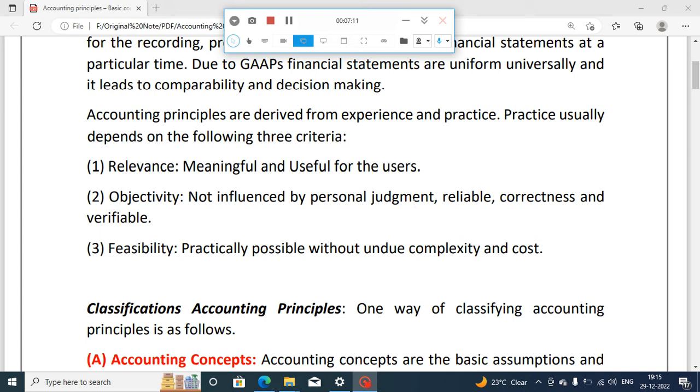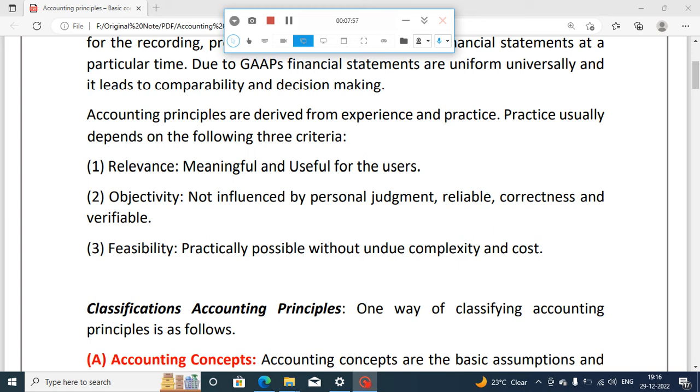Our recording should not be influenced by the accountant's personal values or beliefs. It must follow neutrality and the principles, and also be reliable, correct, and verifiable. Reliable means there must not be any material error or personal bias, and verifiable means our statement can be verified by another party, another auditor, or another verifier.